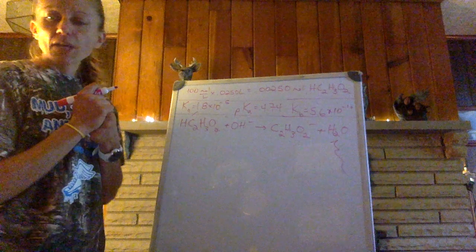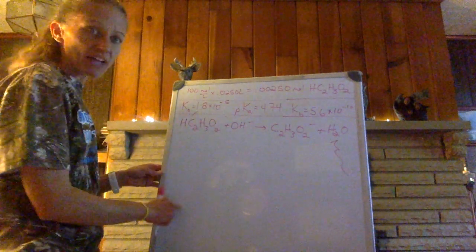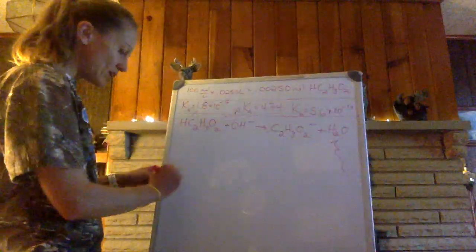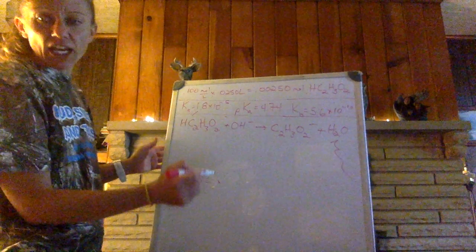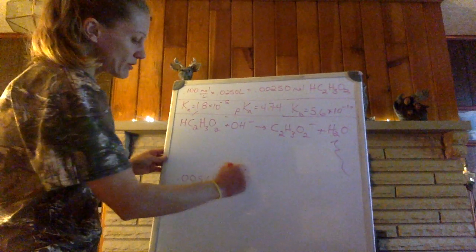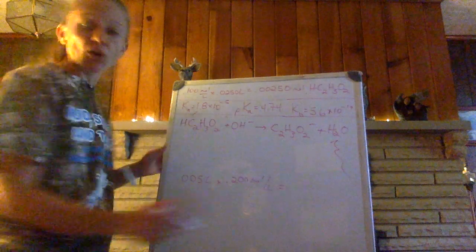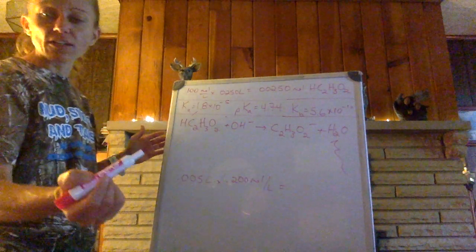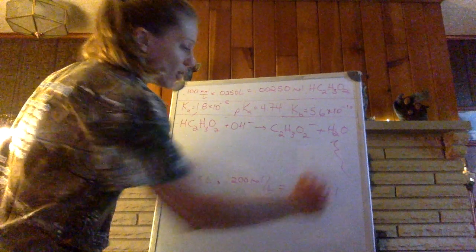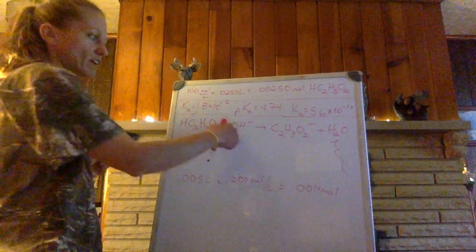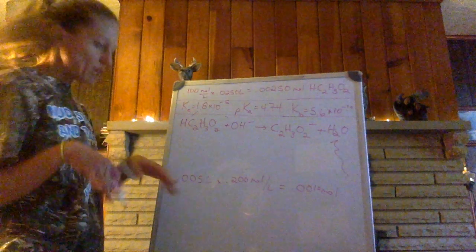Let's look here and say, in 0.005 liters of this stuff, it was 0.200 moles per liter. So my number of moles I just added is going to be 0.001 moles, of OH. I got that from 5 milliliters times my molarity. Just keep your eye on that.